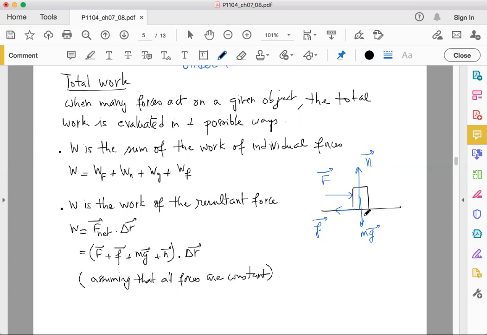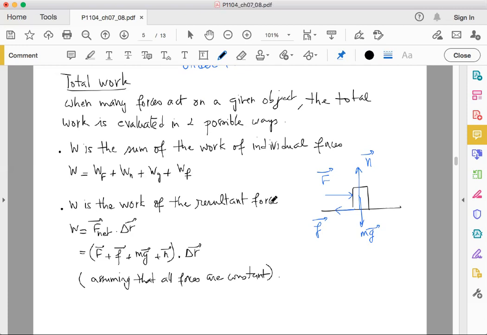So there are two ways to find the total work done on this block. Either W is the sum of the work of individual forces acting on the object. So we write W equal to WF plus WN plus WG plus Wf, where G is to say mg, and these are all the forces acting on the object. So you find each one and then plug in its value.